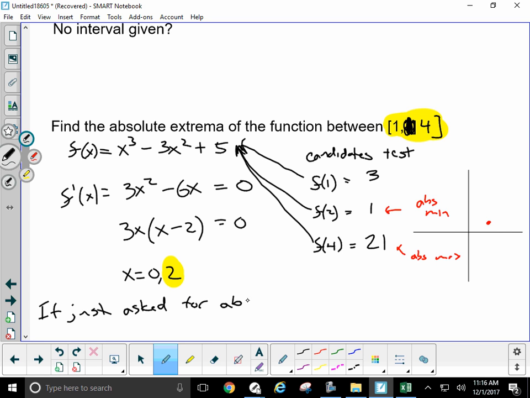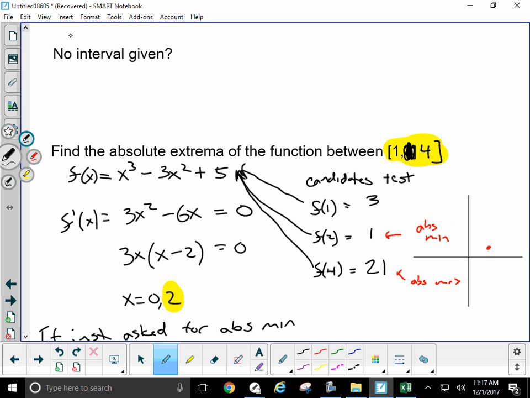was just, hey, find the absolute min, we could probably do some analysis to not have to check all these y values and make things a little bit easier and eliminate some of my candidates from my candidates test. This is also what we would do if we are not given an interval. Okay?